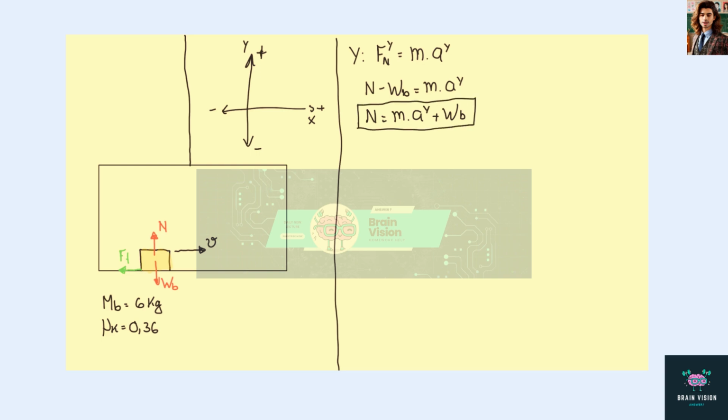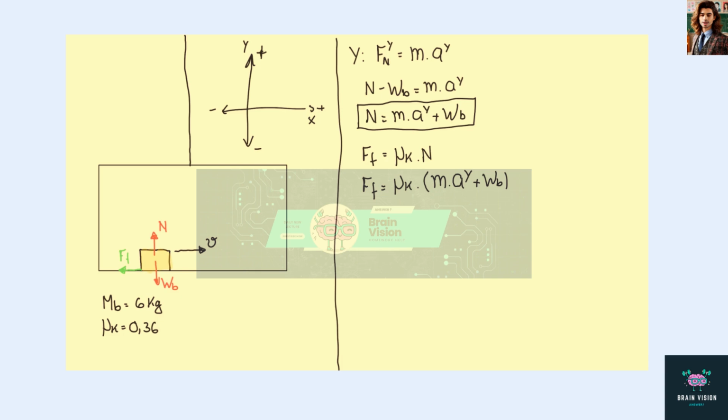Now, remember that the absolute value of the frictional force that acts on the box is given by the kinetic frictional coefficient times the normal force. Therefore, the frictional force is equal to the kinetic frictional coefficient times the mass of the box times the vertical acceleration of that box plus the weight of this box.